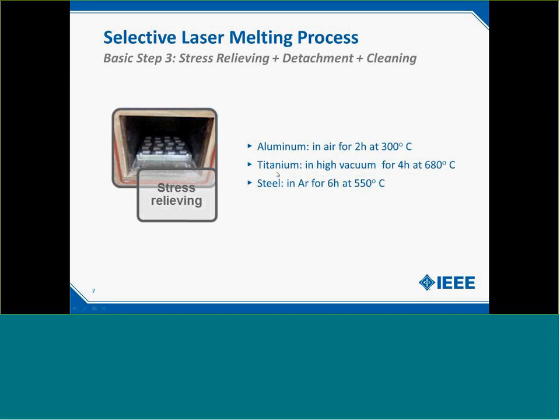But considering titanium, this process occurs in high vacuum in order to avoid dangerous reactions between air and titanium that occur at very high temperature, around 700 degrees Celsius. After the part has undergone stress relieving, it can be detached and cleaned from the powder that has not been processed.